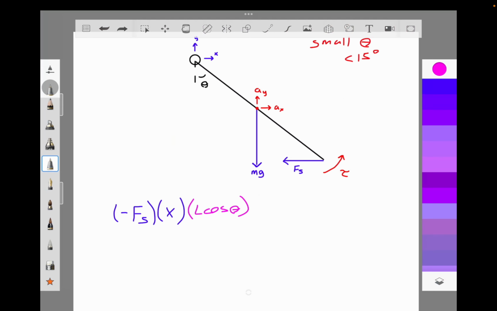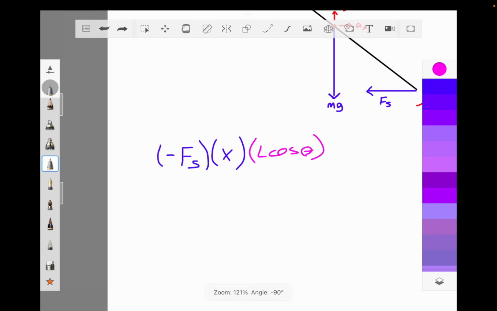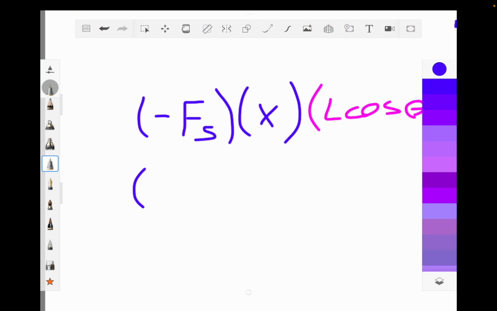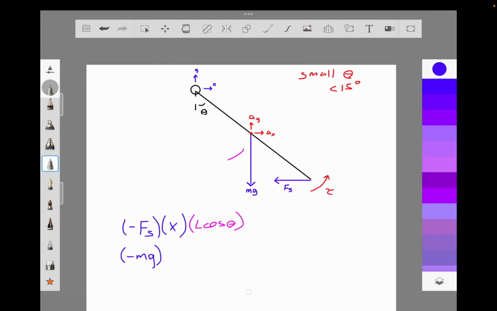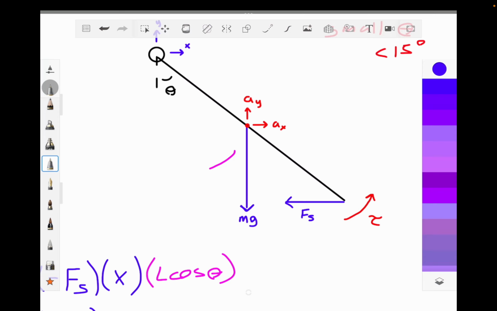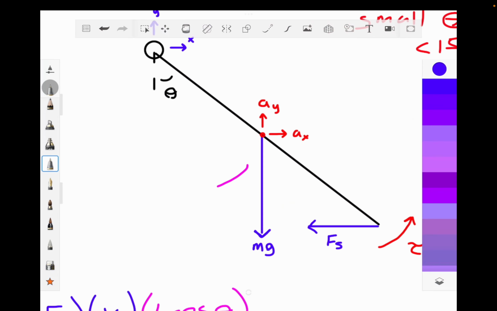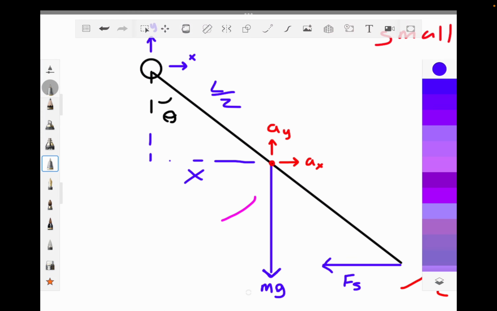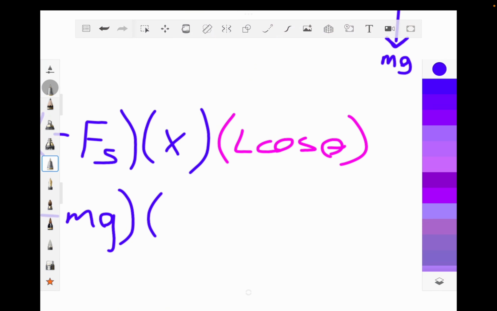Alright. Now let's deal with mg. Mg is also going to act in a way that it forces the rod to be clockwise, so it's also negative. So negative mg. There is no x involved. And then what's the distance perpendicular of this? It's going to be this x distance right here, which we know this angle theta, so it's going to be sine, and we know this to be L over 2, so that means the distance is going to be L over 2 sine of theta.